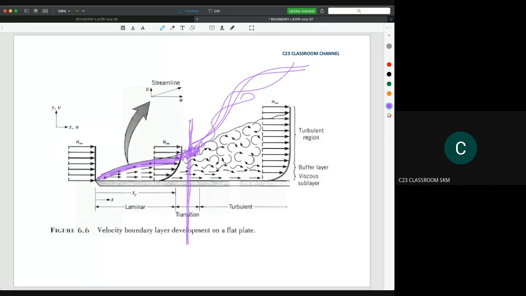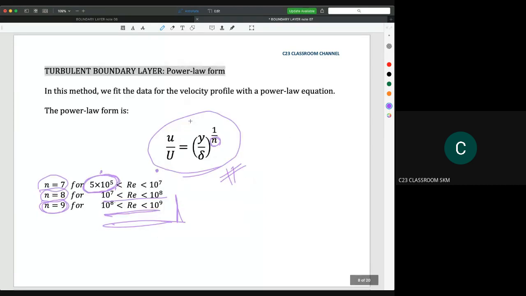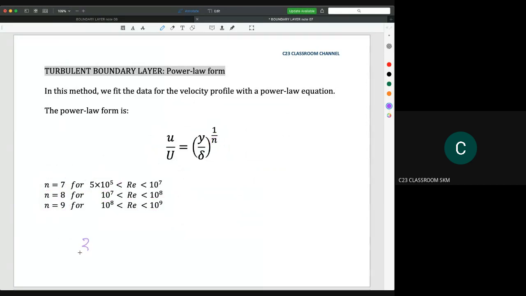Okay, that is the common practice, or the general idea why we take 5 times 10 to the power of 5. However, if you read textbooks, you will find that some give you slightly different numbers. Sometimes they give you 3 times 10 to the power of 5, and sometimes 1 times 10 to the power of 6, and so on.